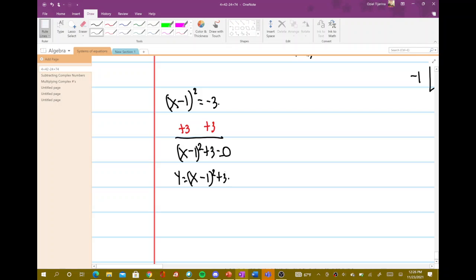The reason why I made it equal to y is because any quadratic that you have, like x squared minus 2x plus 1, if they tell you to solve this, you set it equal to 0. You always set it equal to 0.